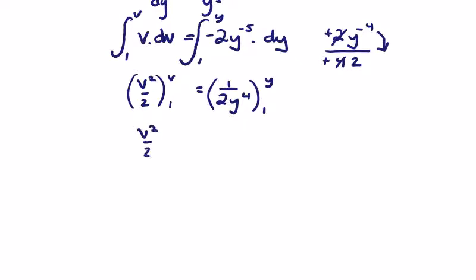So v squared over 2, putting v in, minus 1 over 2 equals 1 over 2y to the power 4 minus 1 over 2 times 1, 2. So multiplying by 2, we're going to get v squared is equal to 1 over y to the power 4.